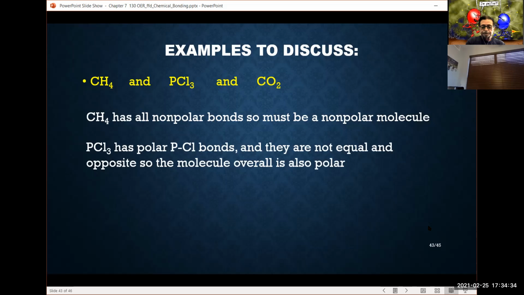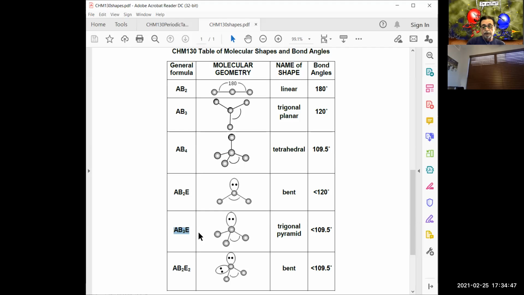Now, PF3, if we run through this example, you'll find that there's a lone pair in a phosphorus. Okay. And its structure would be, like we did with ammonia, the AB3E with trigonal pyramid. So the phosphorus could be in the center and the fluorines here on the edge. Those take up a lot of space.